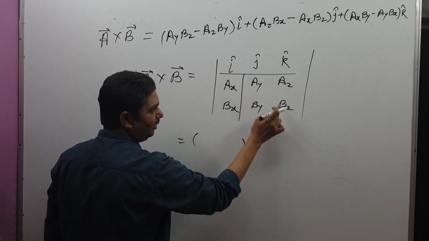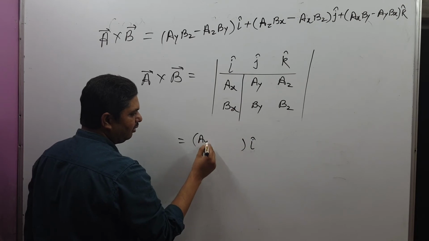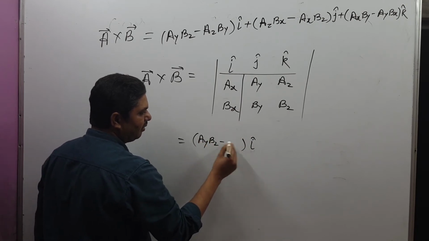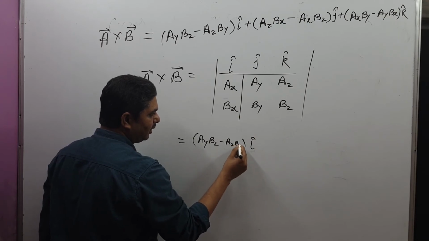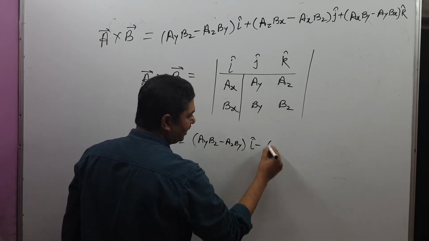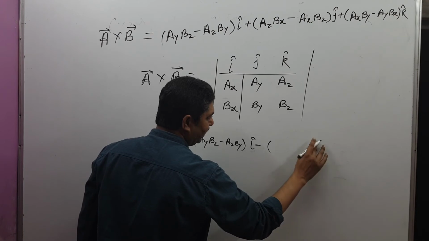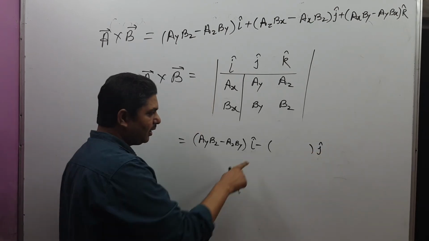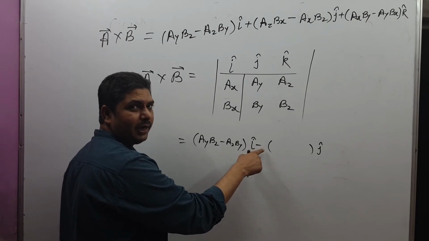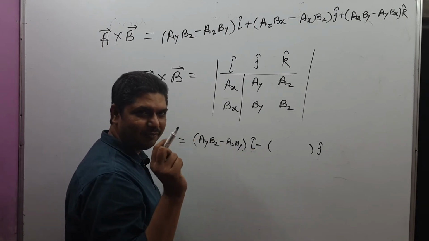This is AYBZ. Right here AYBZ. Give a minus sign, multiply this term. This is AZBY. Now after that, give a minus sign. Right here J cap. Remember, this is a minus sign. Why minus sign? I will explain just after a minute.